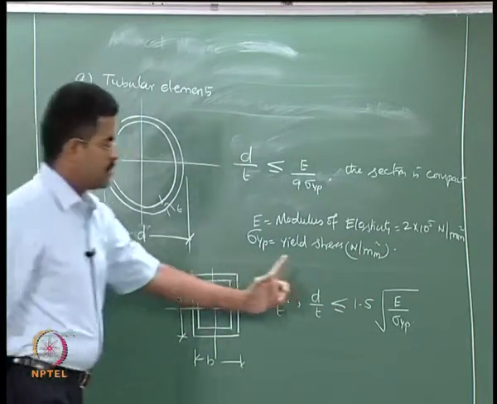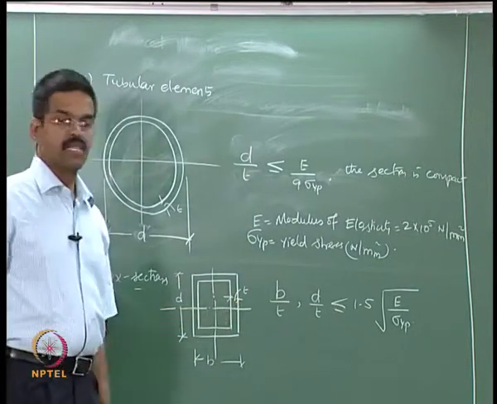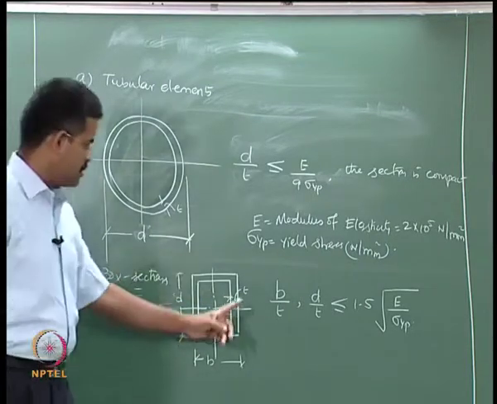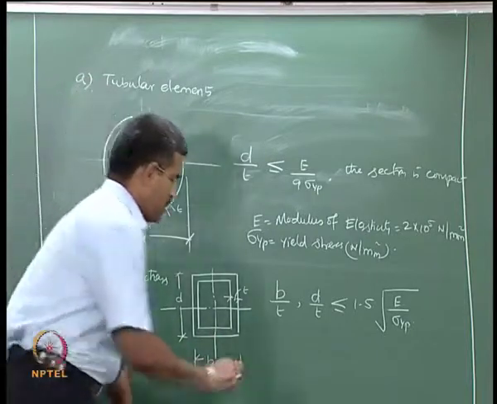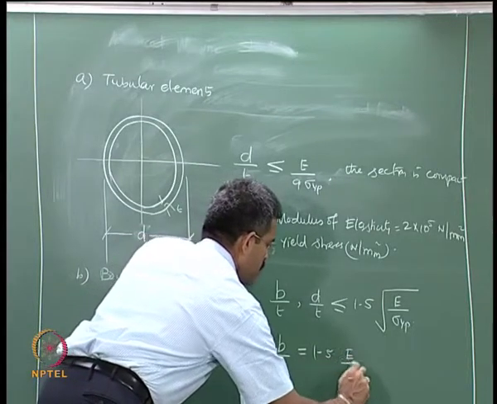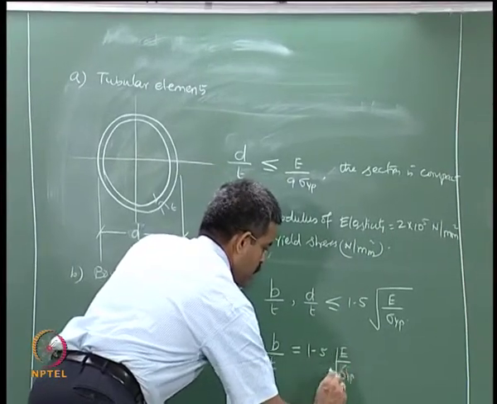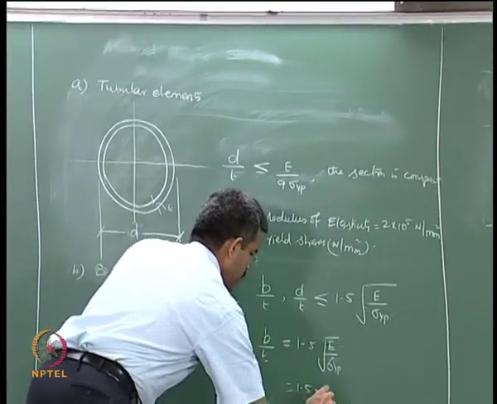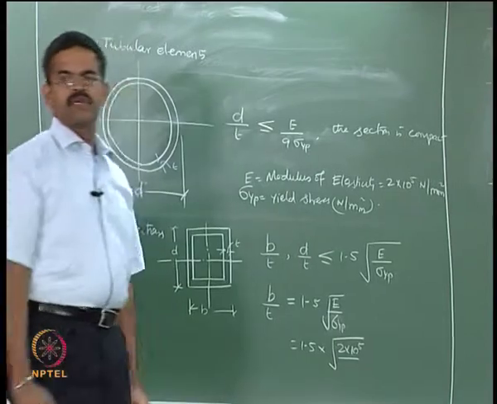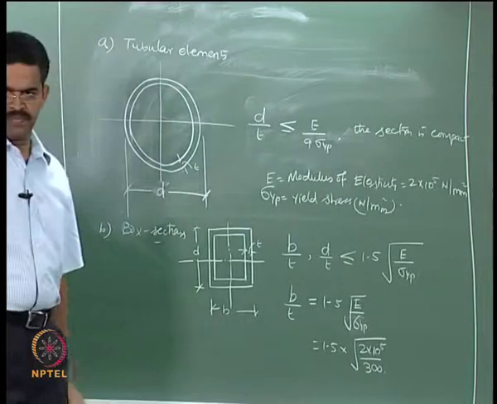So, if this is established, you can imagine if you are looking for a thickness of, let us say, 10 millimeter of a box section, no dimension of the section should be less than, for example, B by T equal to 1.5 root of E by sigma yp, let us say 1.5 into root of 2 into 10 power 5 by 300, taking sigma yp for this material as 300.